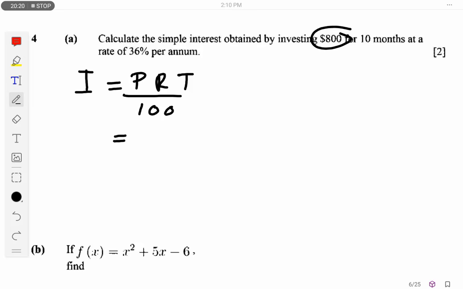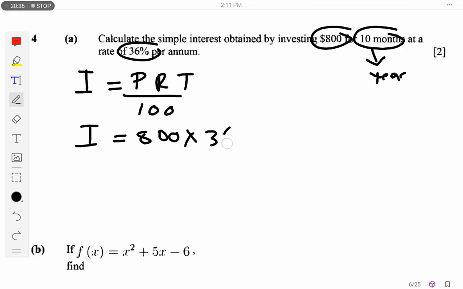We are given our T as 10 months, so we have to change this to a year. Then we are given our rate as 36%. So our interest is equal to 800 times our rate 36 times our time, which is 10 over 12, divided by 100.